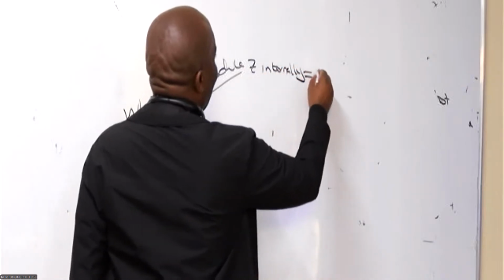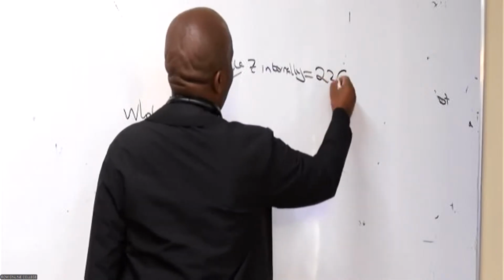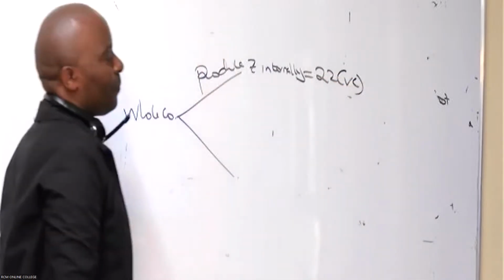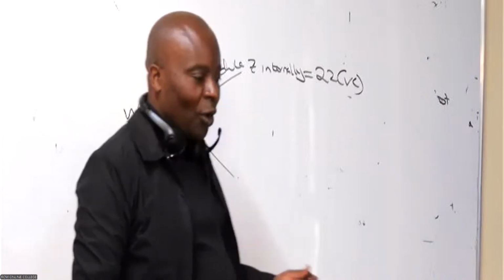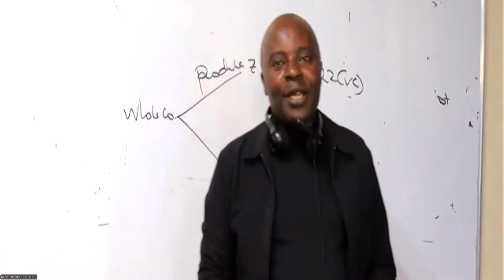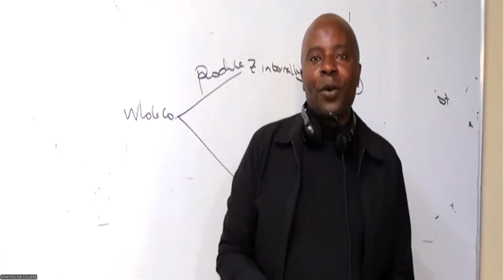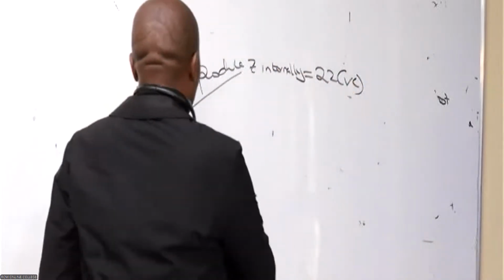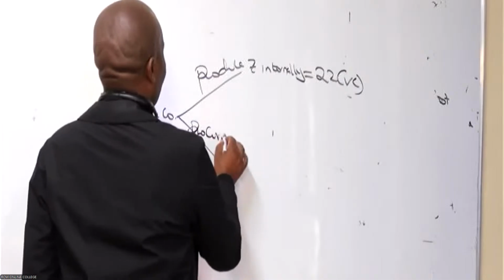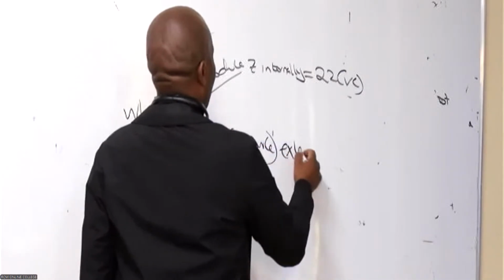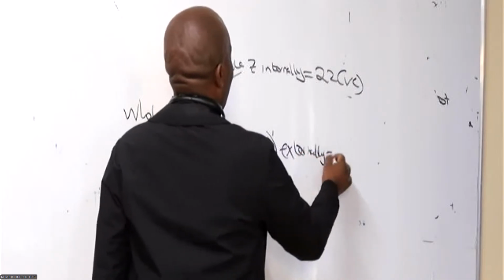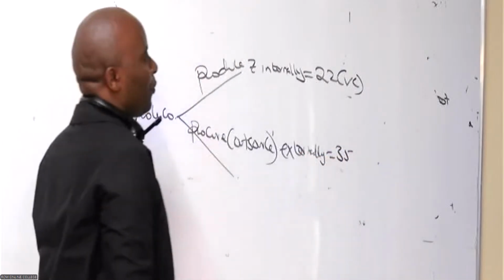Produce Z internally and incur a relevant cost of 22, the variable cost, because fixed cost here is irrelevant. Whether you're producing internally or not, fixed cost like rent has to be paid. Or you outsource, procure externally, at 35.